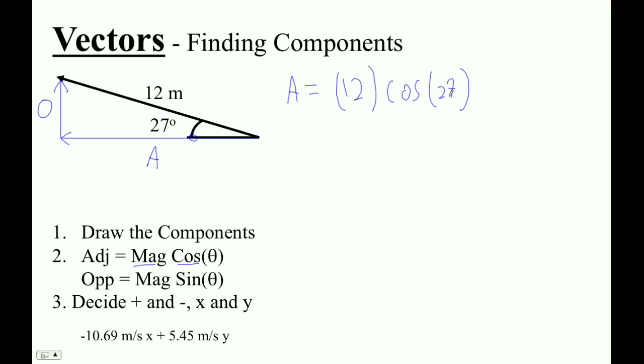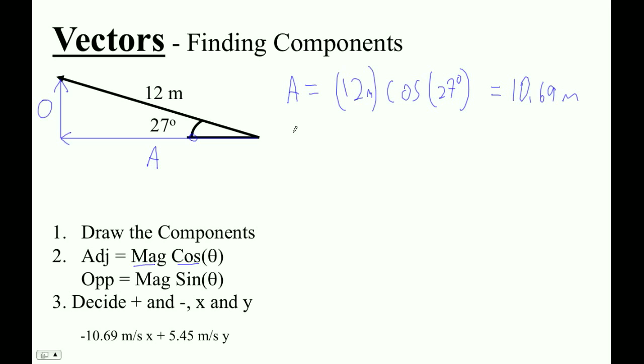Okay, so let's bust that out. I'm going to take my calculator now, and I'm going to make sure that it's in degrees. So I'm hitting the mode button. Degrees is highlighted. I'm good. So 12 cos 27 is 10.69. And this is meters, because that's meters, and this is degrees.